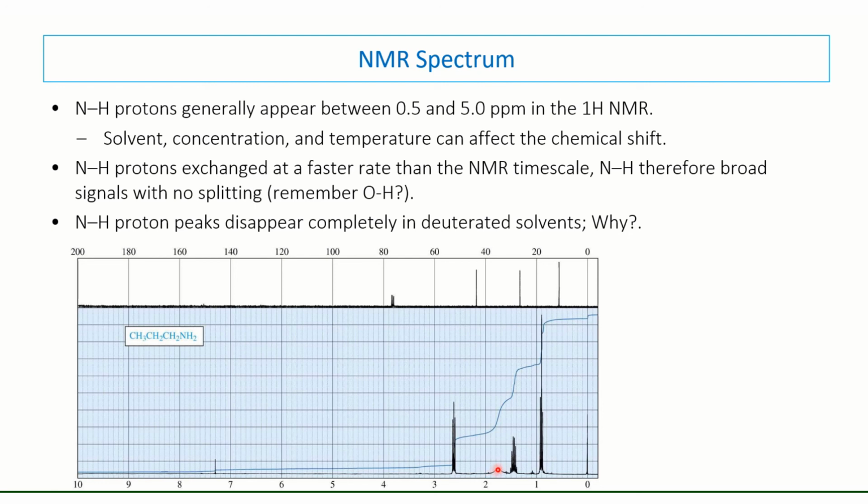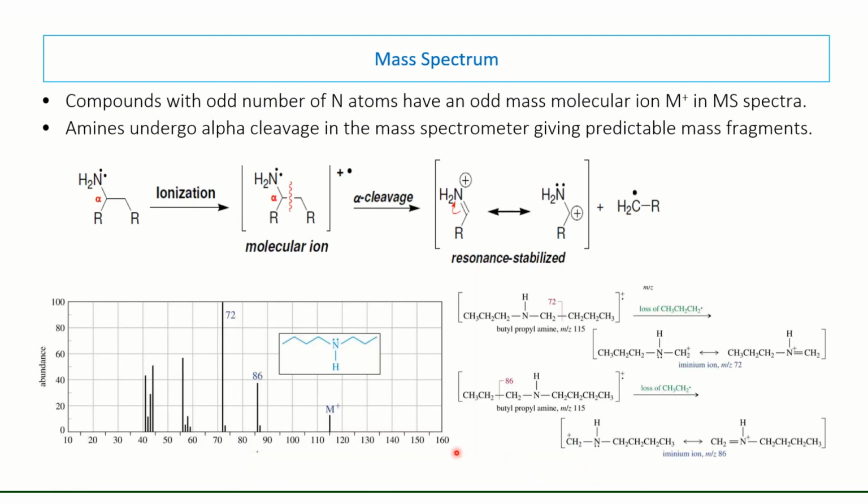If we use a deuterated solvent on the species, then the NH peak will disappear because of the exchange. If you see the exchange between an NH and the deuterium, then now you have the ND, and the ND is invisible to this NMR.